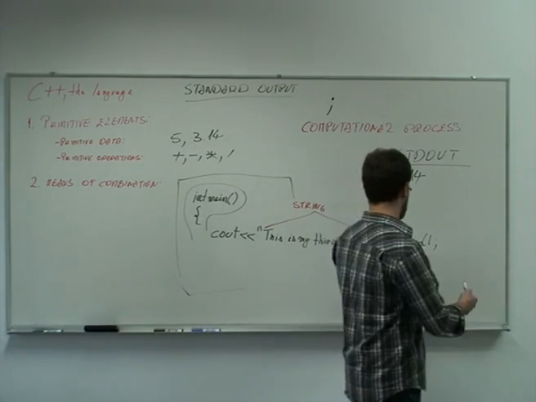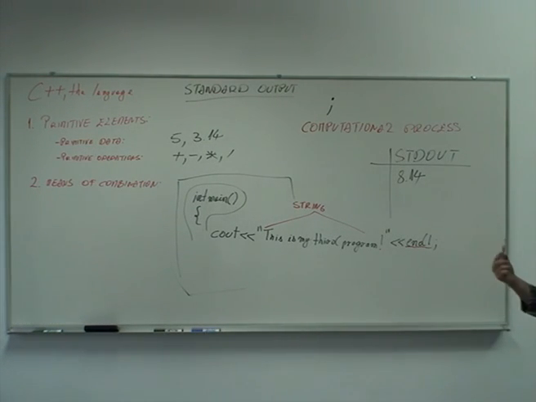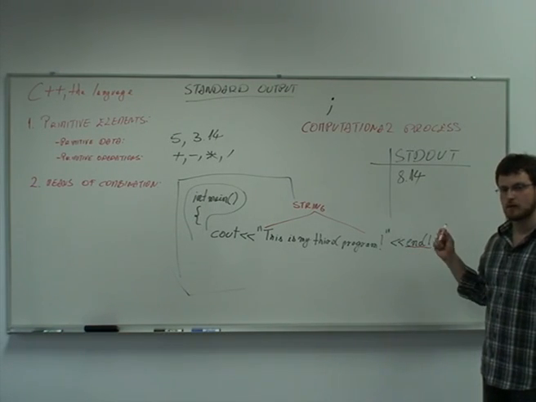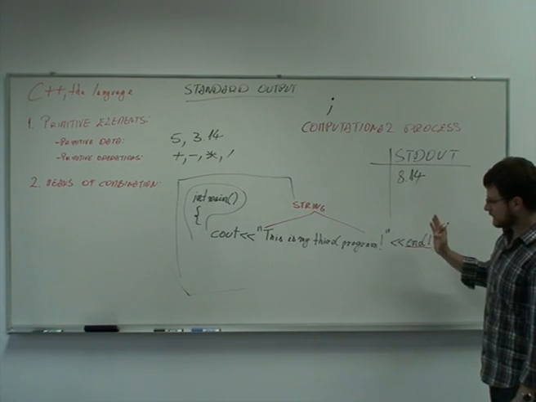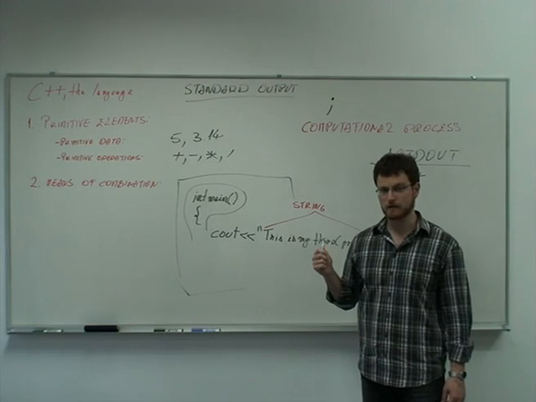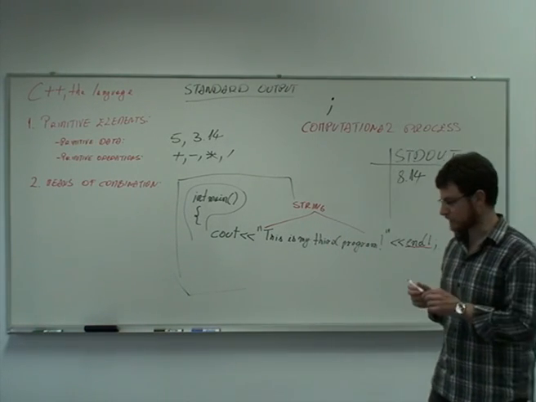Finally, we have this thingy here. It's also a magical word of sorts. endl stands for end line. What it tells the reader of the program is to terminate the current line of output and proceed to the next line, as we'll see once I start executing this program.